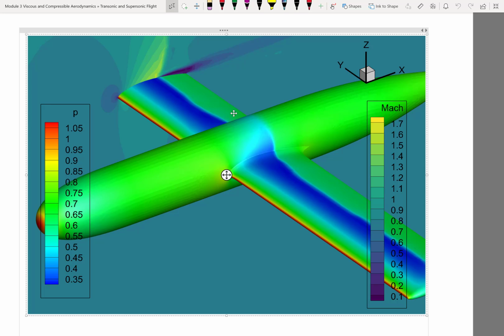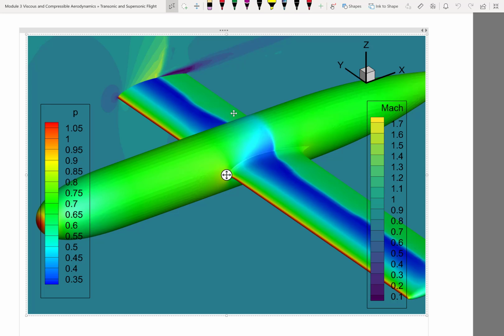Yes? Can you explain why we have that blue strand of low Mach number in the middle? Oh, sorry. On the surface of the wing, we are showing pressure. We have two different visualizations. One is on the surface of the geometry, where we are showing pressure. And on this cut plane that cuts through the wing, we are showing the Mach number.